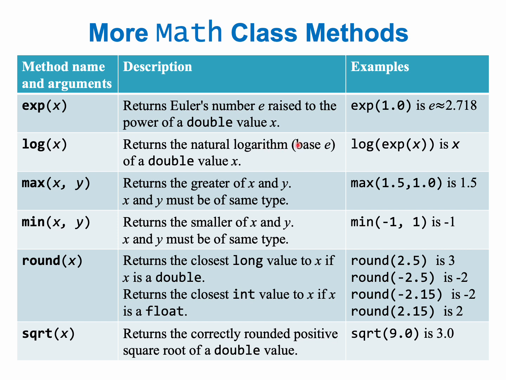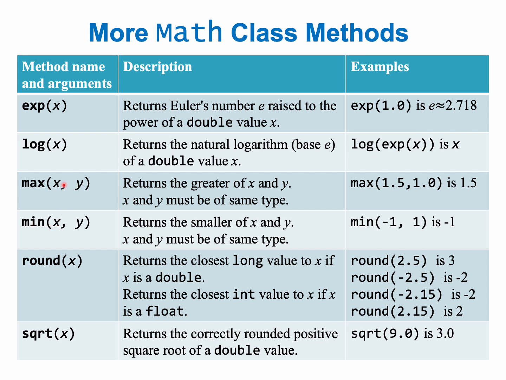Since the base of the natural logarithm is the Euler's number e, taking log of exp of x returns the value of x. The next 2 methods are the max and the min methods. The max method returns the greater of its 2 arguments, and the min method returns the smaller of its 2 arguments.